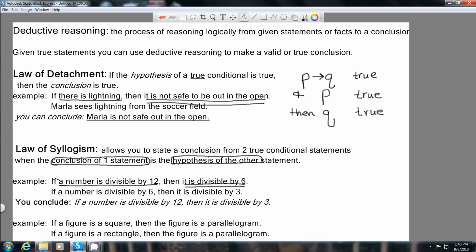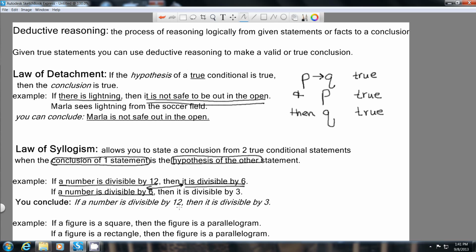And our second statement, if a number is divisible by 6, then it is divisible by 3. That is also a true statement. Well, in the second statement, our hypothesis, a number is divisible by 6, is actually the same as our conclusion in our first statement.